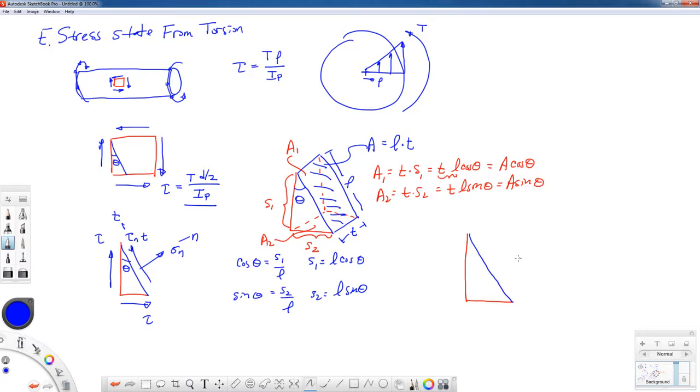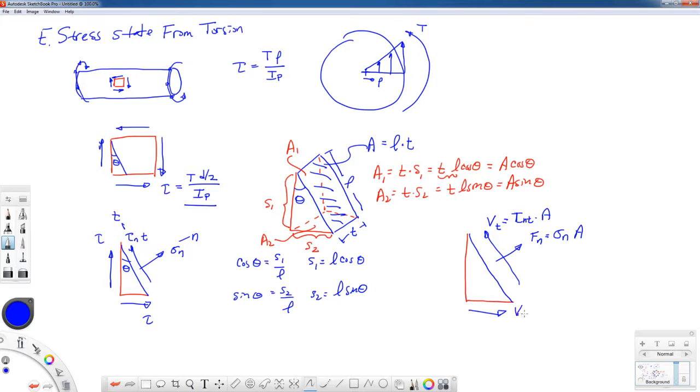Okay. So the force, I'll call that F in the n direction, is going to be sigma n times A. A force in the t direction I'm going to call, let's see, tau nt times A. And then I'm going to get a force in the x direction, the horizontal direction.